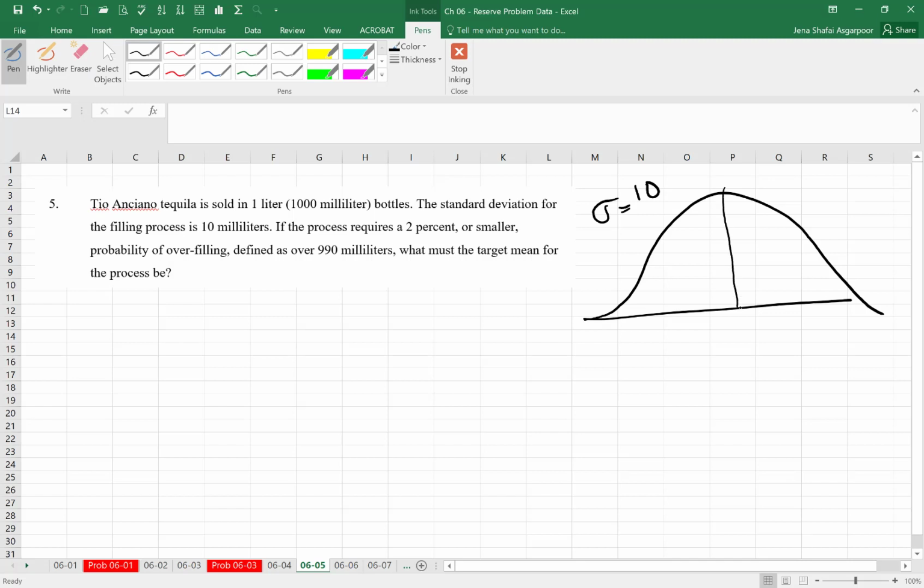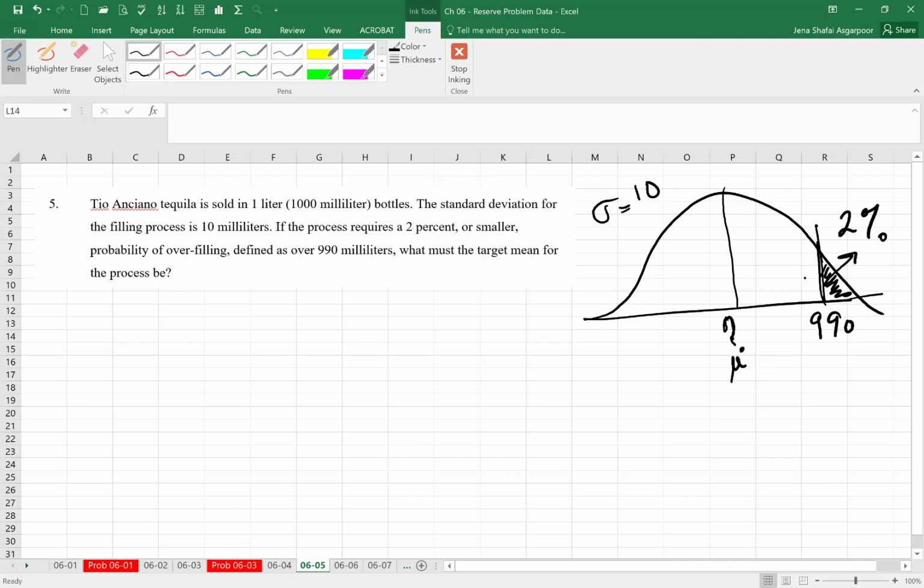So the mean is what we're looking for. This is the mu that we're looking for. But we do know that since we want only 2% probability of overfilling, which is defined as 990, we want to compute this mu.